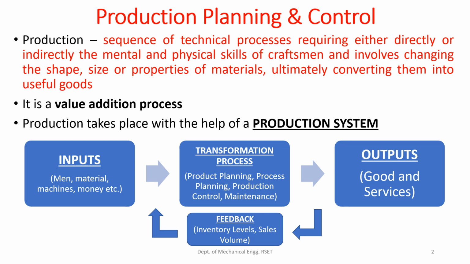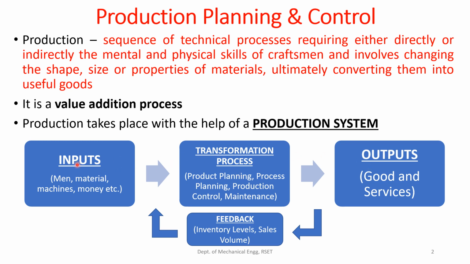And a production system essentially consists of three major elements. Now these elements are listed out on the screen using a block diagram. So essentially the production system consists of inputs which are transformed to outputs, which are goods and services, through the use of a transformation process. So the production system consists of these three major elements: inputs, transformation processes, and outputs.